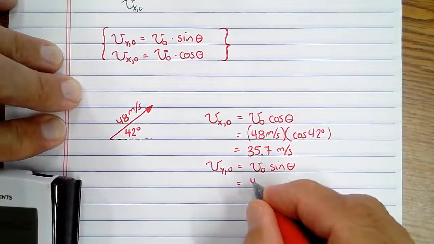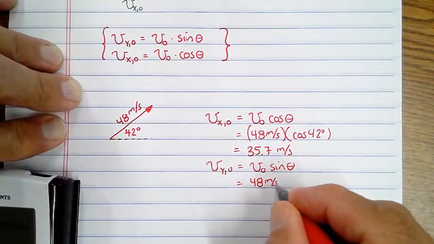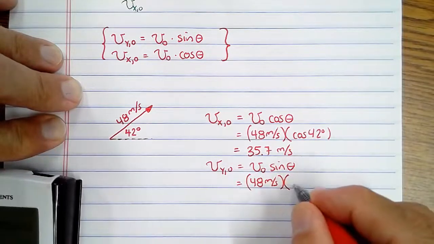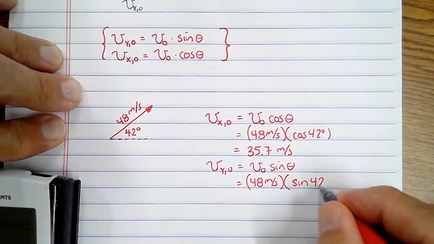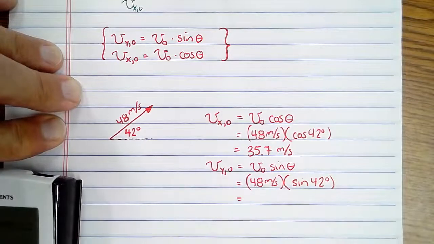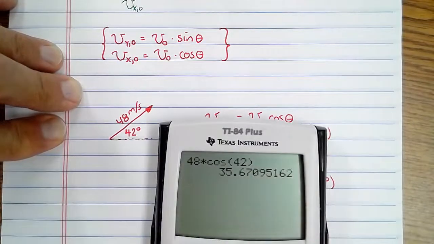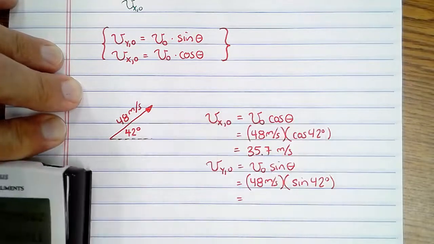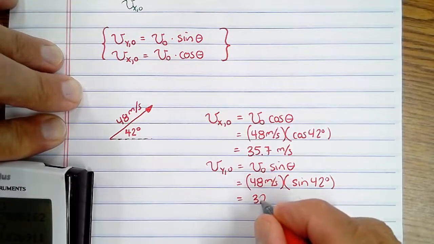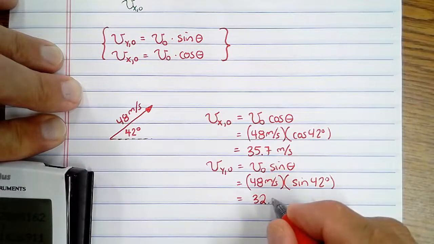That means we take 48 meters per second, that's the launch velocity, times the sine of 42 degrees. And we put that in our calculator. So 48 times the sine of 42 degrees is 32.1.